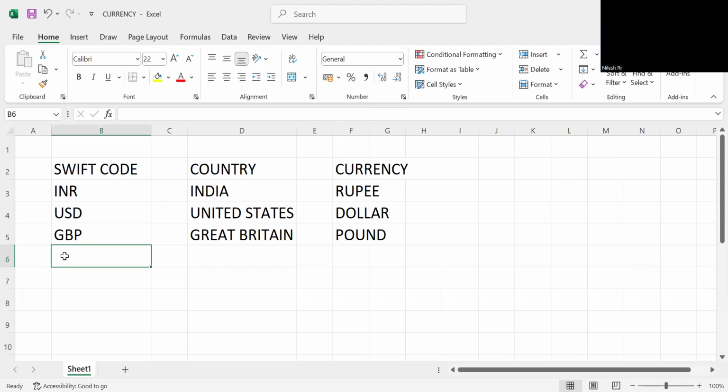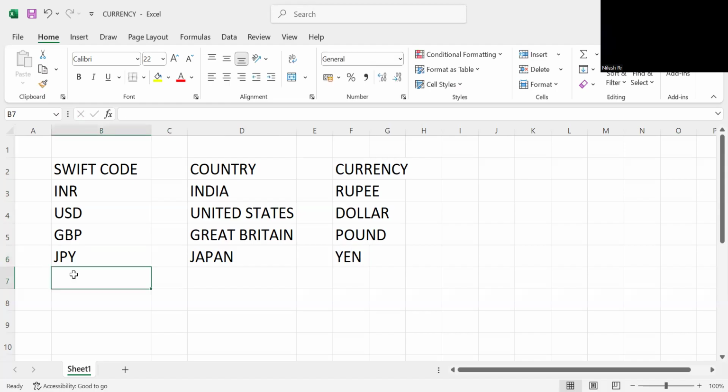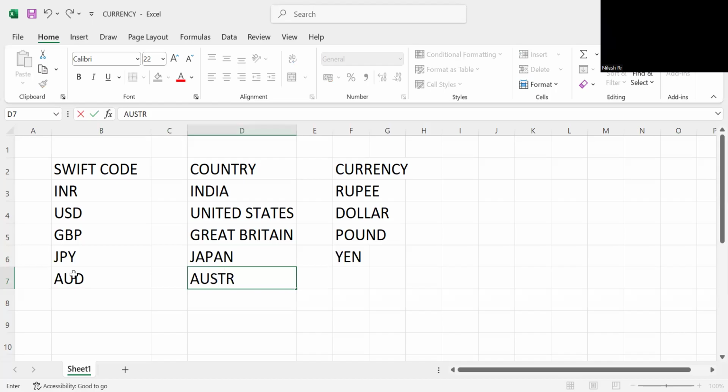So now over here you can see INR, USD, GBP. The same way, one more very important currency is JPY. That's from Japan. Japan is the name of the country and the currency we call yen. Japanese yen. The next to that is AUD, Australia, Australian dollar, which is also available on a routine regular basis.